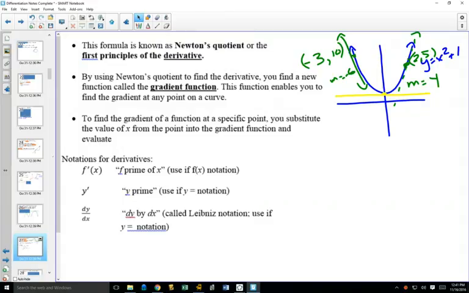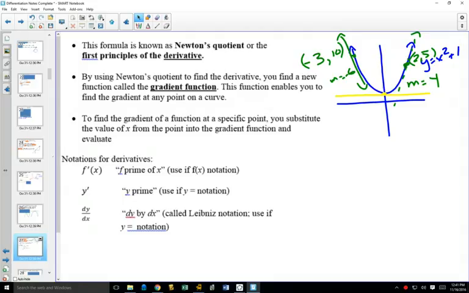Some notation stuff. Here are different notations of derivatives: f prime of x, y prime, and dy dx. These notations came from, this is what Leibniz used. And these were other notations that Newton used, so we have them both. So all three of those mean the same thing.